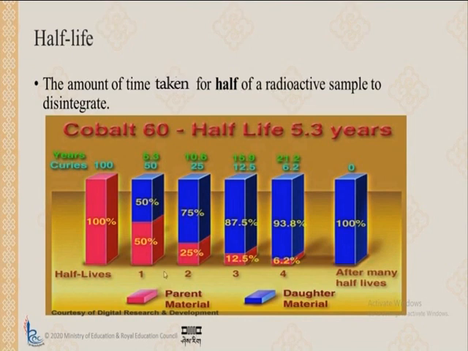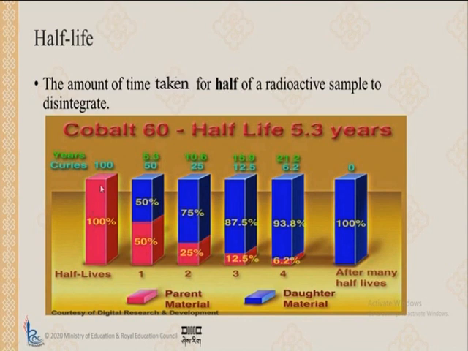You can see the first diagram here. This is a radioactive substance. What is that radioactive substance? Cobalt 60. Now the second one, you can see here 50% of the initial concentration. Initially it was 100%. Now only 50% has been retained. What has happened to the other 50% present above this substance?